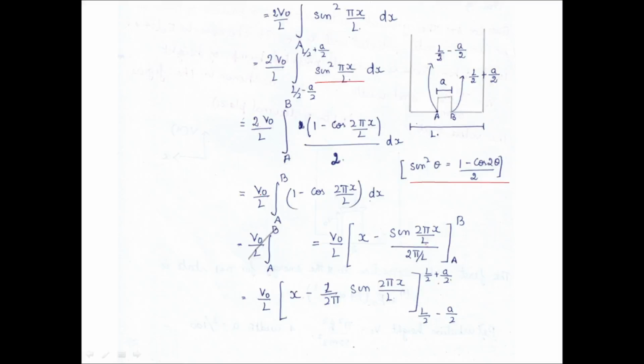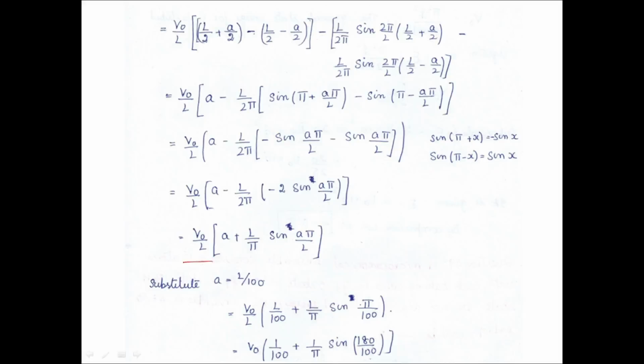We will get V naught divided by L times the integral from a to b of (1 minus cos 2 pi x divided by L) dx. By integrating this term, we get x minus sine 2 pi x by L divided by 2 pi divided by L. Now applying the limit and simplifying, we get V naught by L times (a plus L by pi sine a pi divided by L).